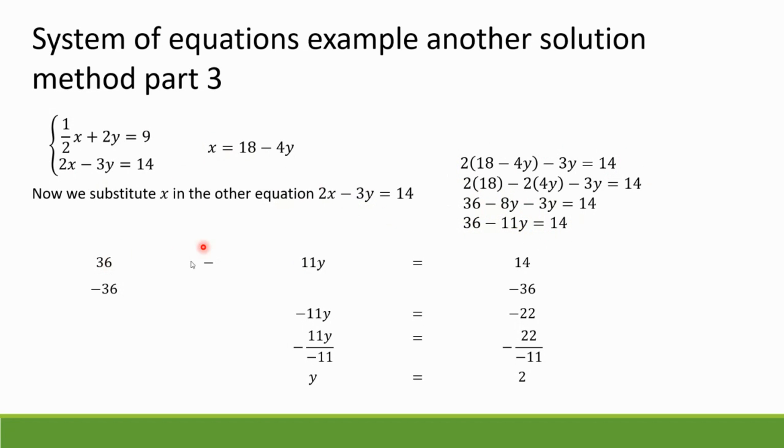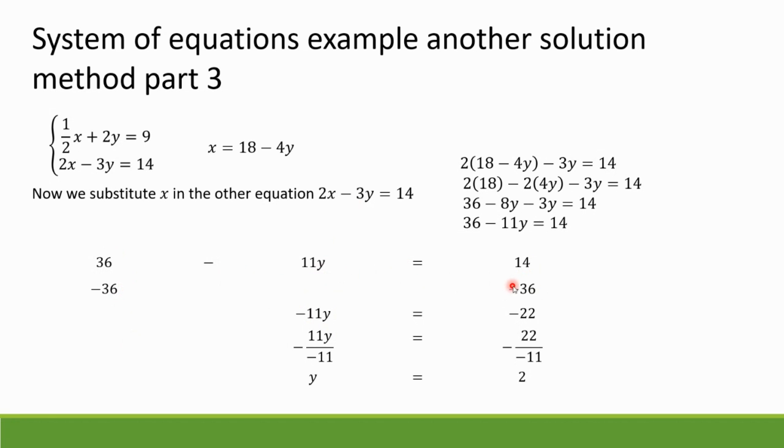36 minus 11y is 14. Subtract 36 from each side. We get minus 11y, right? The 36 is gone. We want to get y all alone. So we subtract 36 from each side. We get minus 11y is 14 minus 36, right?